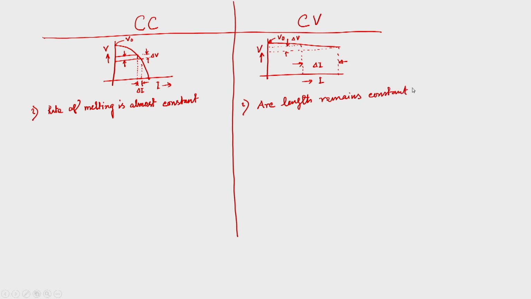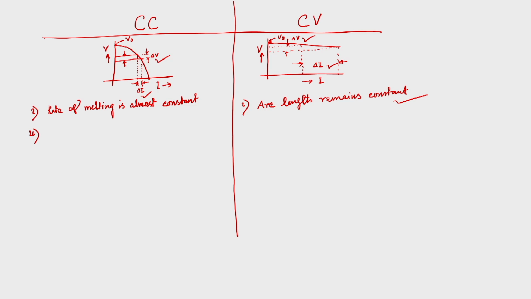How can we observe this from here? Here a small decrease of voltage gives a small increase of current, whereas here a small decrease of voltage gives a large change of current. So here melting rate is not constant, but if the arc length changes, then due to this more melting, arc length remains constant in the case of constant voltage power source characteristics.